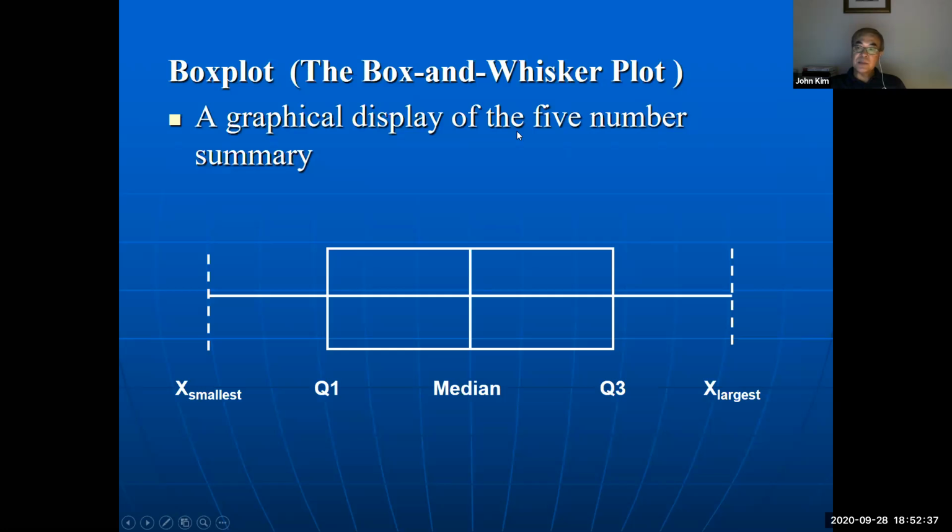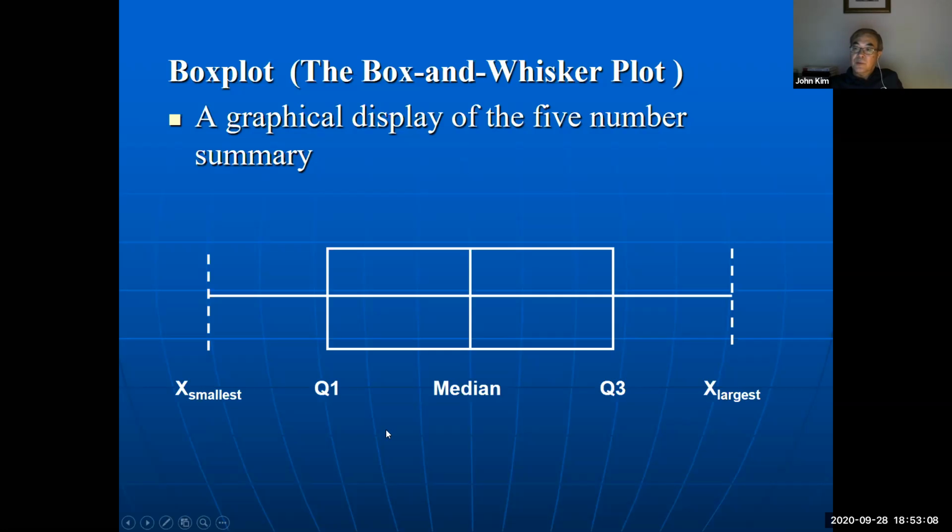And the next one is the box plot. Using the first quartile, second quartile or median, and third quartile, from smallest to largest, we call that the five numbers. The five numbers are the smallest, the minimum, Q1, Q2 or median, Q3, and the largest, the maximum.